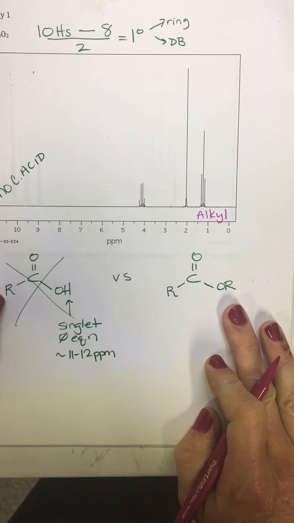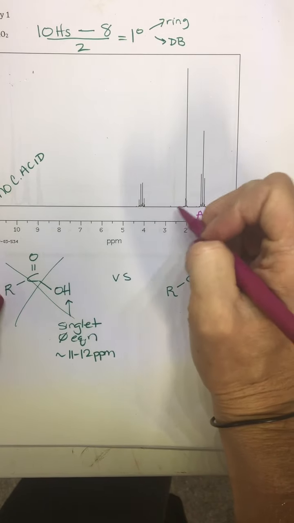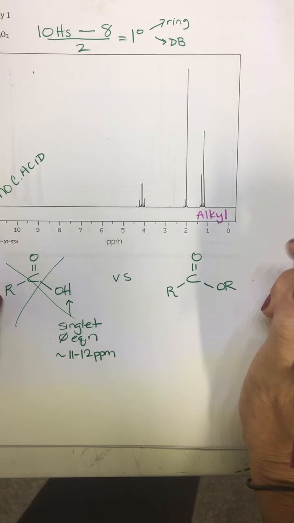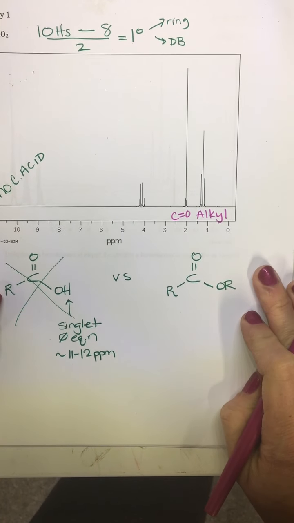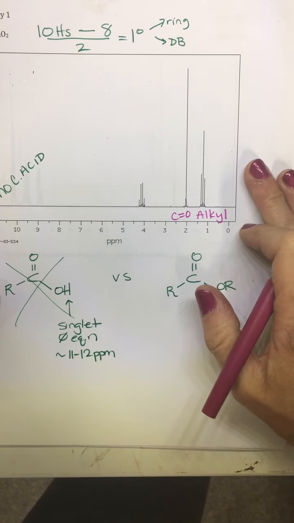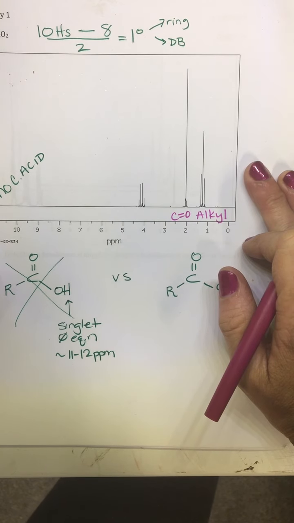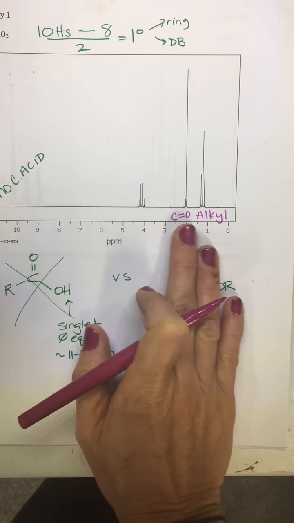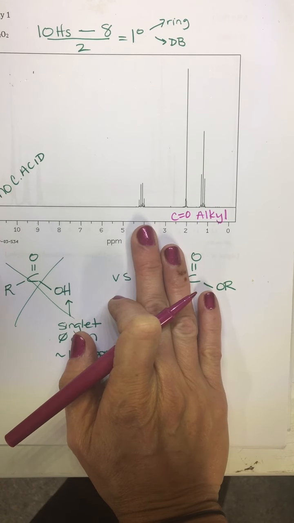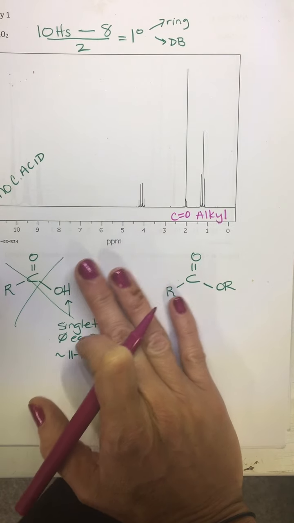Furthest away from electronegative stuff. This region, 2, 2.1, 2.2, are hydrogens adjacent to the carbonyl. Remember, all signals are from the hydrogen spin flipping in the NMR. And the chemical shift is telling you, again, it's proportional to the energy needed to do that spin flip. But it's also telling you what your hydrogens are near.